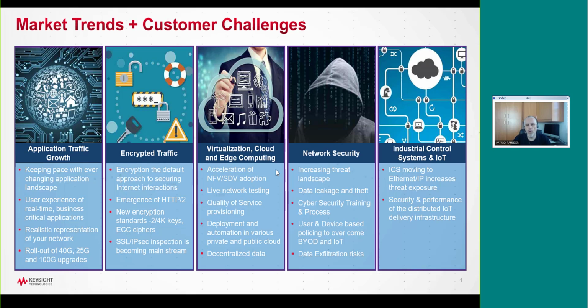And then, of course, old-fashioned traditional network security, where we do see an increased threat landscape. We do see attacks all over the place, and all these things can lead to data leakage and theft and all kinds of exfiltration risks.